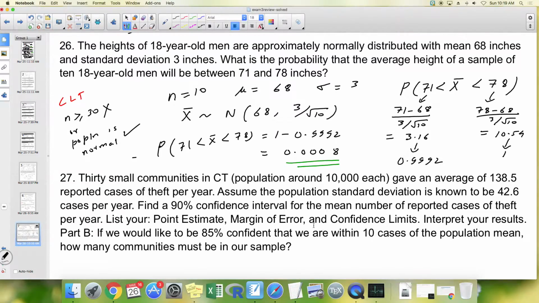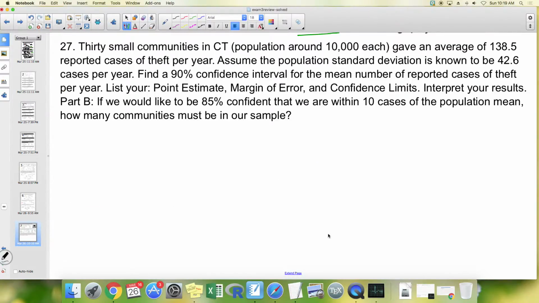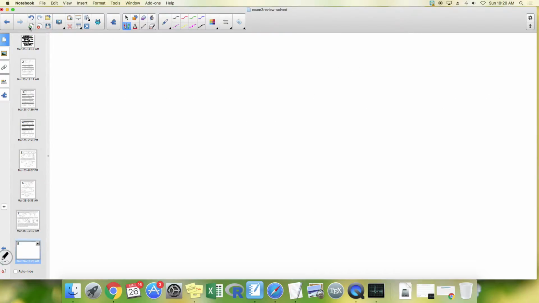Now, so here, okay, let's have a discussion in a new page. For chapter 7, we did the following things. So there was like confidence interval for mu where sigma is known.